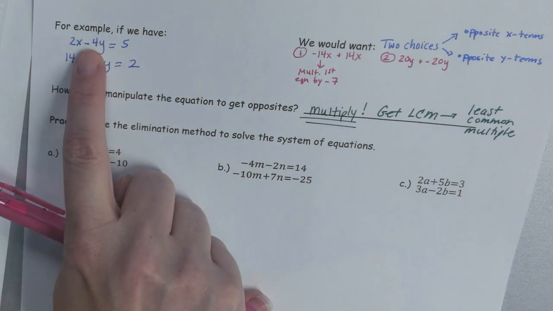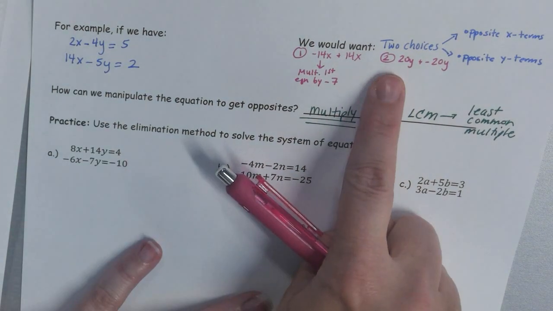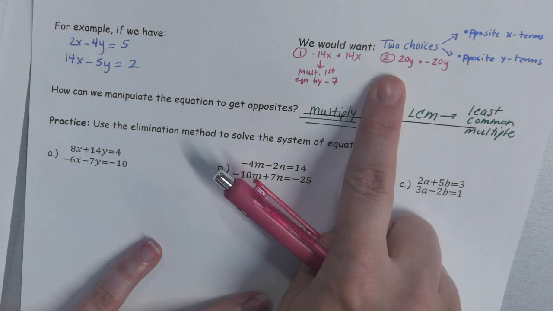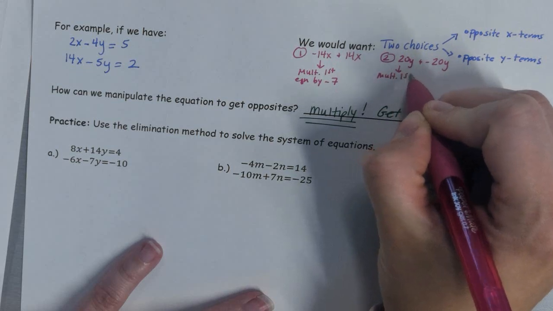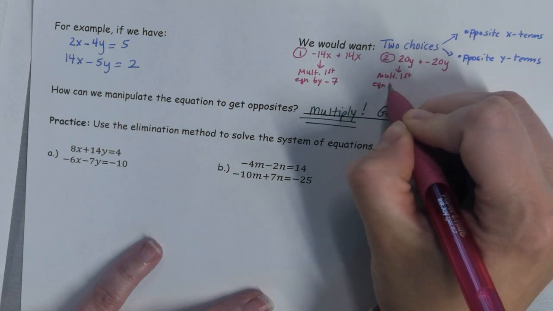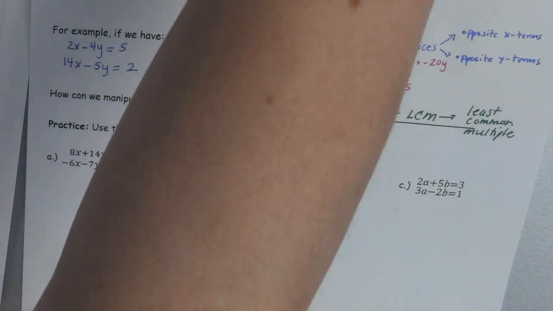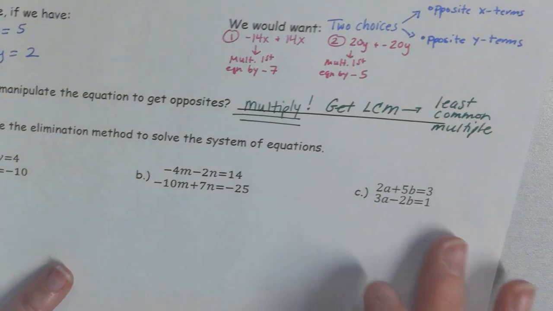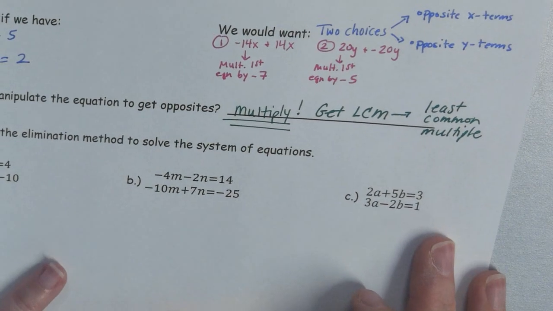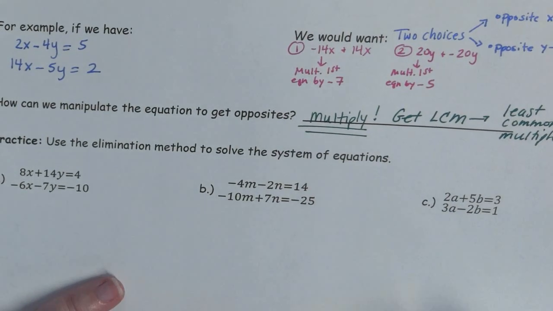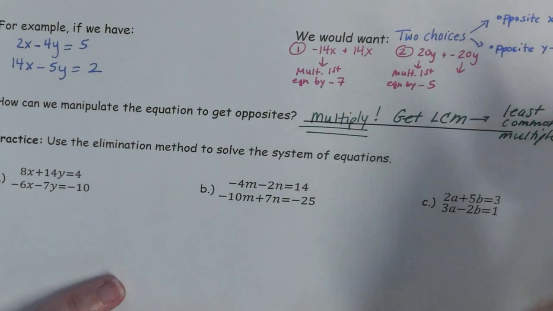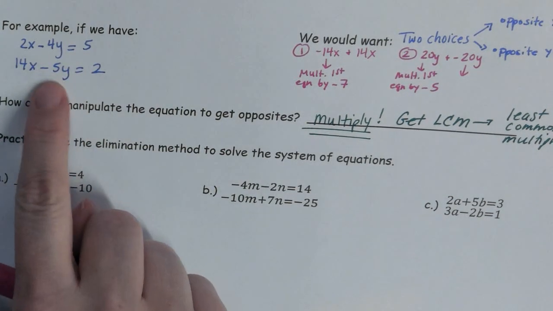Okay, so what would I multiply by negative 4 to get to 20? Yep, so you could multiply the first equation by negative 5. Okay, and then to get negative 20, I'd have to multiply this equation too.